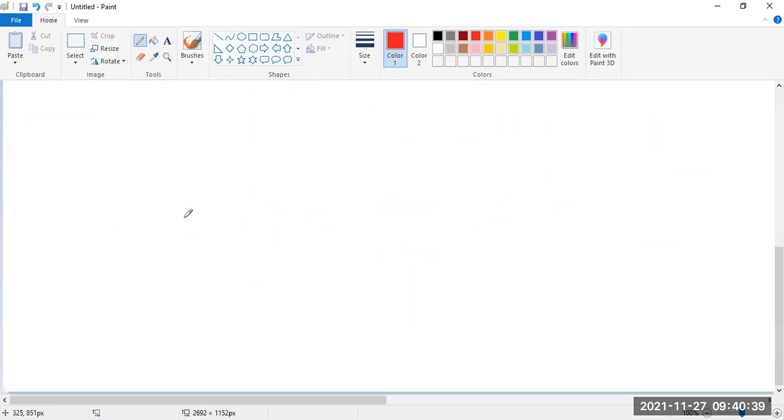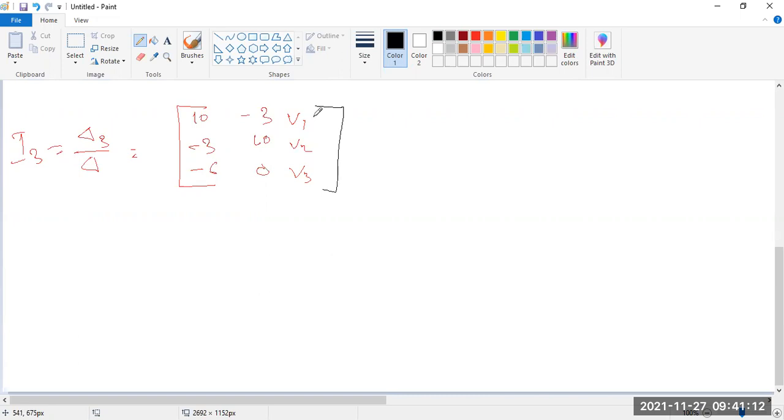Just like this, you have to go for I3. I3 means delta 3 by delta. We have to find it out. Just like this, plus 10 minus 3 minus 6, minus 3, 10 and 0. Here we have V1, V2 and V3. What is V1? 10. This is minus 5 and this is 25.